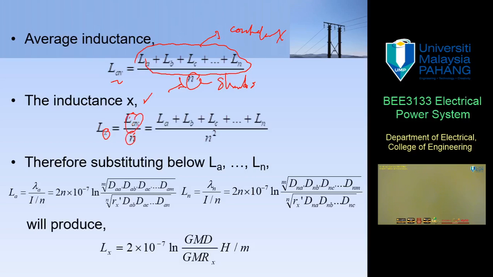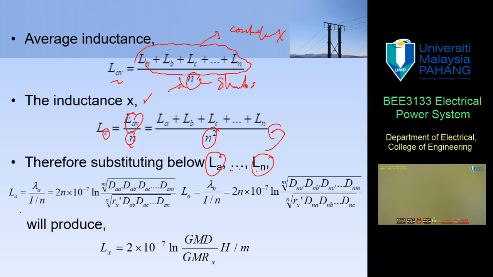So the average is divided by n, then we get LA plus LB and so on plus LN, over n, with power of 2. Then next we are going to substitute the LA, LB, LC, up to LN into this equation.